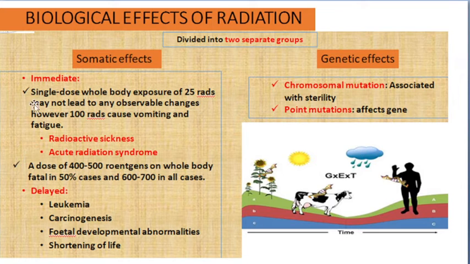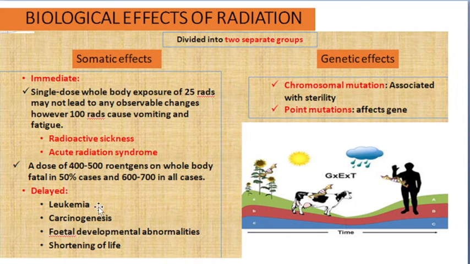A single dose whole body exposure of 25 rads, rad being the unit, may not lead to any observable changes, but 100 rads cause vomiting and fatigue. So if the dose will be more than or equivalent to 100 rads, it will cause vomiting and fatigue, so radioactive sickness, acute radiation syndrome will occur.